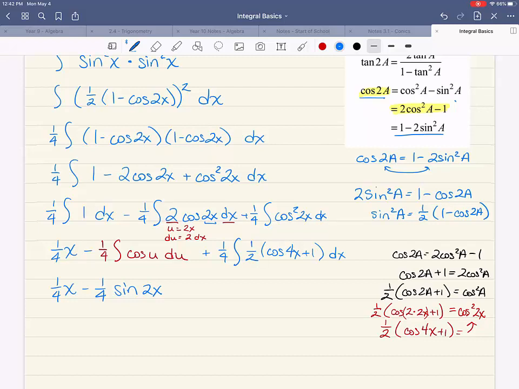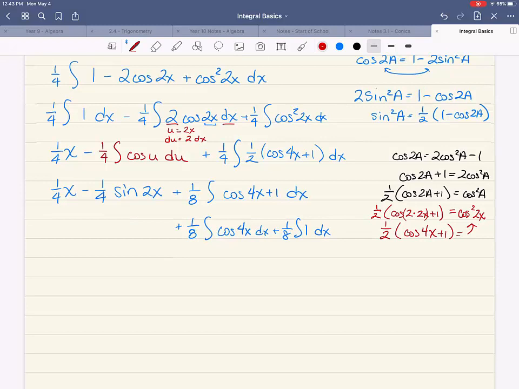I can bring the 1/2 out. That would be 1/8 integral of cosine 4x plus 1 dx, which I can now integrate as well. Now I am going to break this one apart. I will have 1/8 integral of cosine of 4x dx plus 1/8 integral of 1 dx.